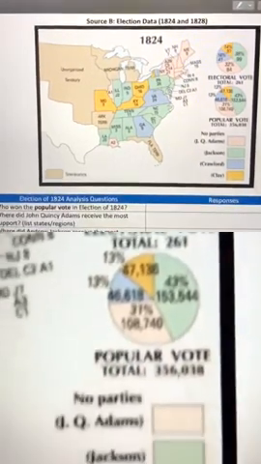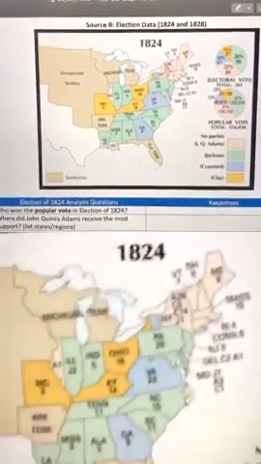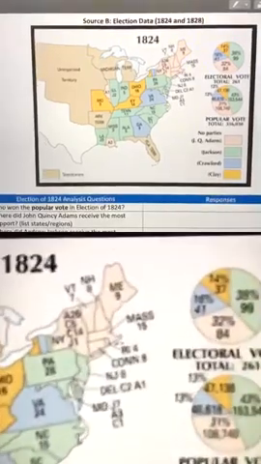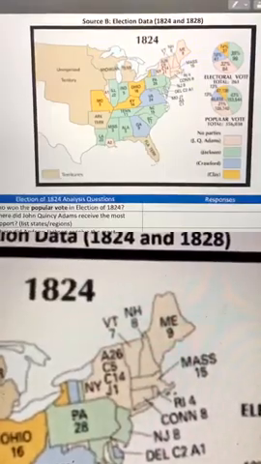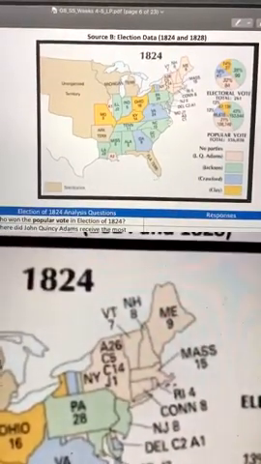So if we look at the pink for John Quincy Adams, we see that for the most part, except for really tiny areas, all of his people that liked him were up north. So New York, Vermont, New Hampshire, Rhode Island, Connecticut, Massachusetts, and Maine.